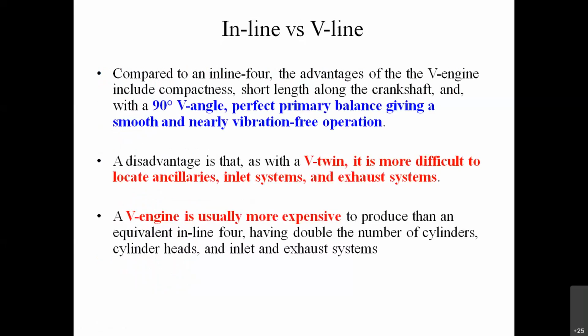So what is the difference between inline and V line? Compared to inline 4-cylinder engines, the advantage of V line engines is that they are compact and take less space. It is short in length along the crankshaft, and with a 90-degree V angle, perfect primary balance is obtained, giving smooth and nearly vibration-free operation.